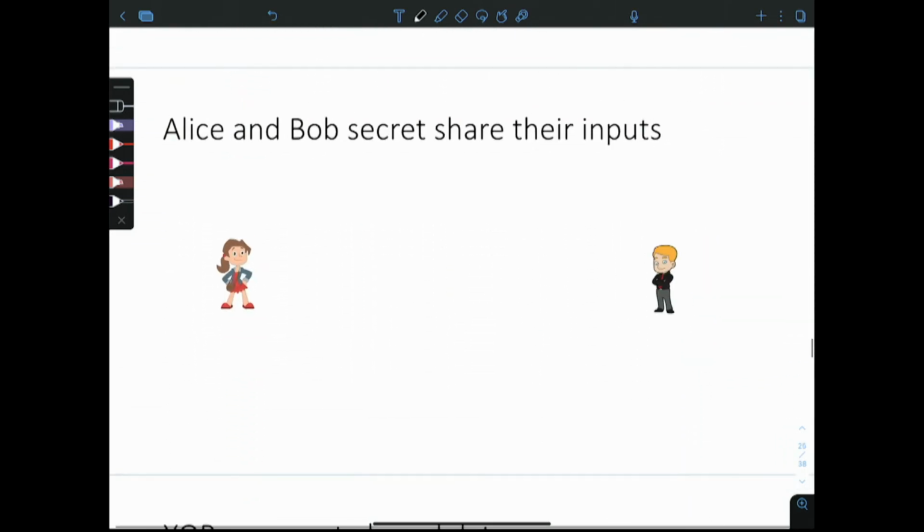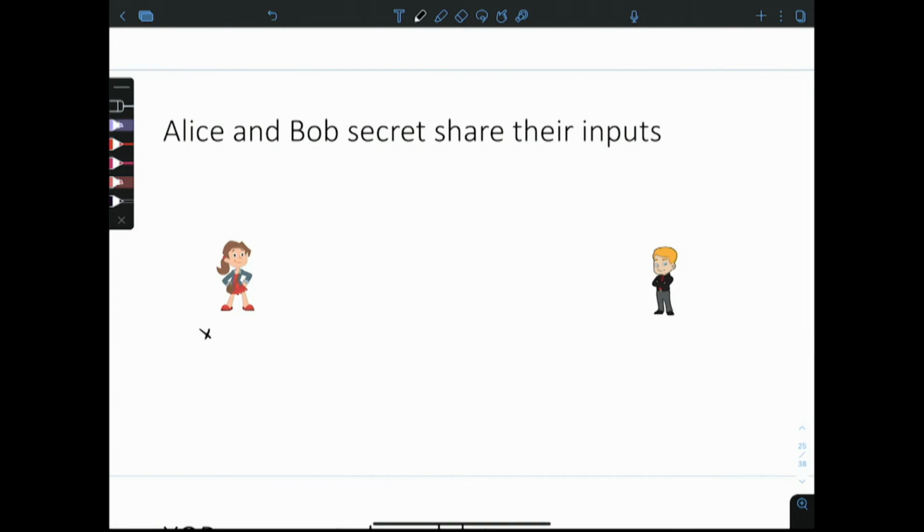So to begin with, Alice, let's say, has input X. This can be not just a single bit, but a long sequence of bits. Bob has his own input Y. Alice shares her input into XA, XB, two parts, and sends XB to Bob. Bob shares his input into two parts, YA, YB, and sends one of these parts to Alice.